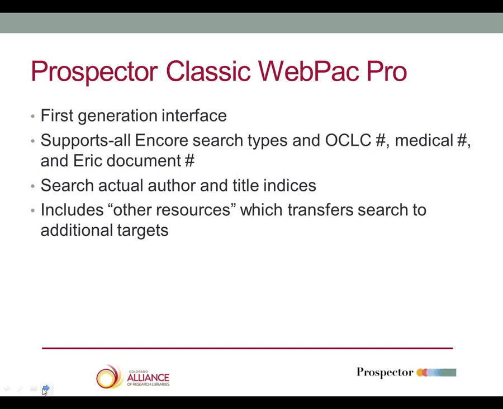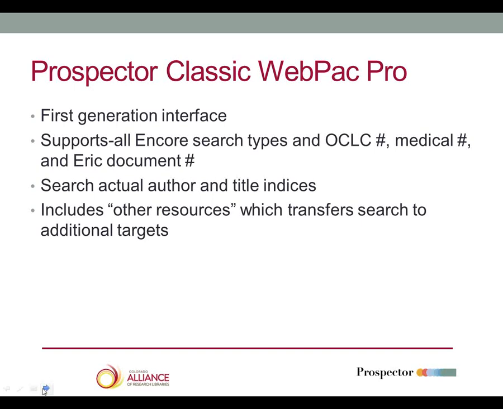So that's why it's much more of a librarian's interface. Another subtlety is that the Classic interface searches the actual author and title indices, where the Encore interface is the keyword. So in some cases this may make a difference if you're doing some more in-depth research.